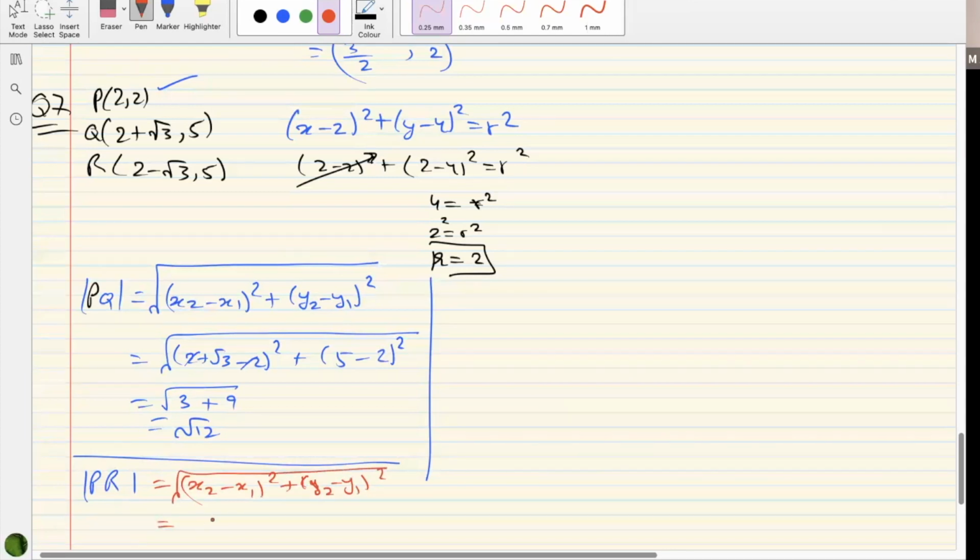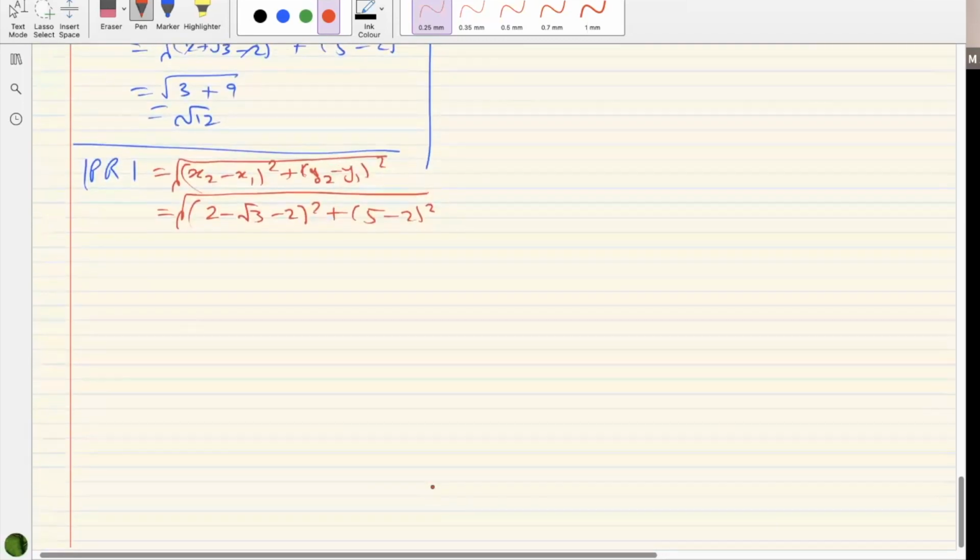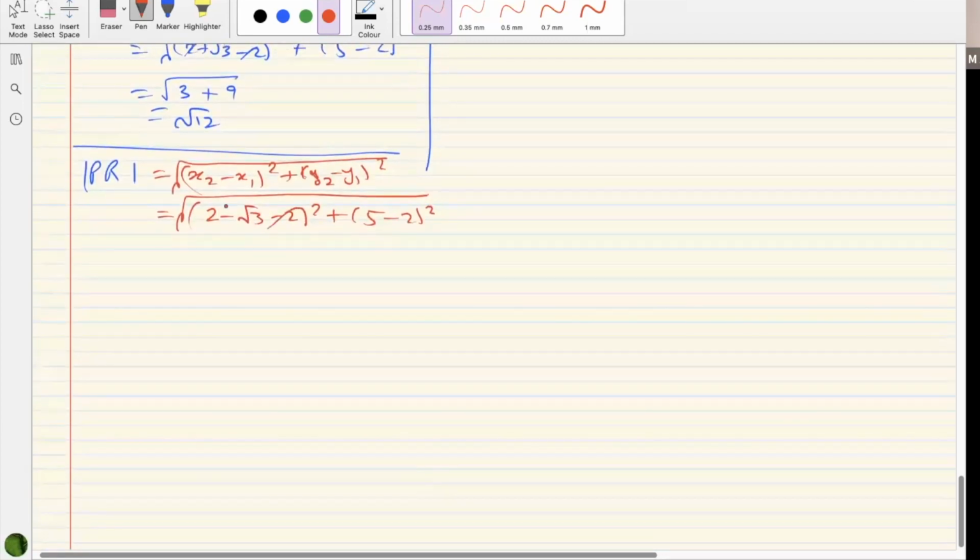PR is 2 minus square root 3 minus 2 and 5 minus 2. Negative 2 goes with 2. Square of negative square root 3 is positive 3. 5 minus 2 is 3. Square of 3 is 9. So it is again square root 12.